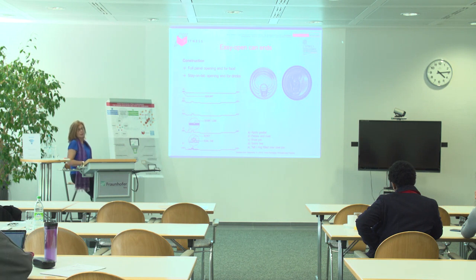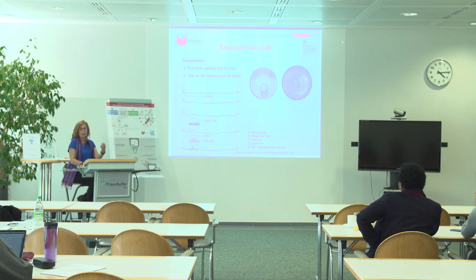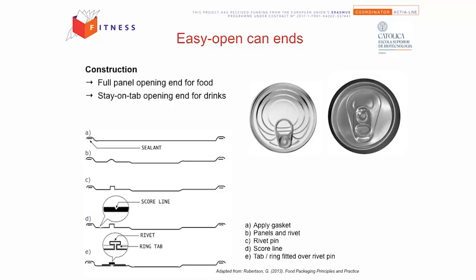So when we have this type of end, we can remove the panel and we will have access, or we can have a stay on tab opening for drinks, which allows us to drink from the can without spilling all over. And this means that there is only a small opening in the panel, not a full opening.